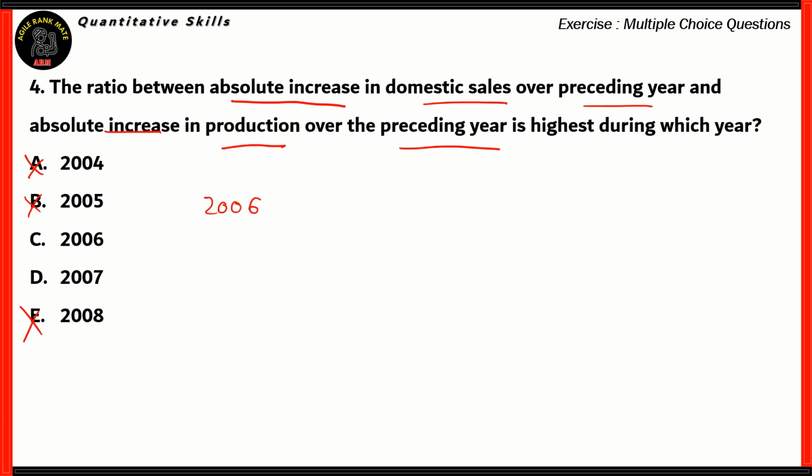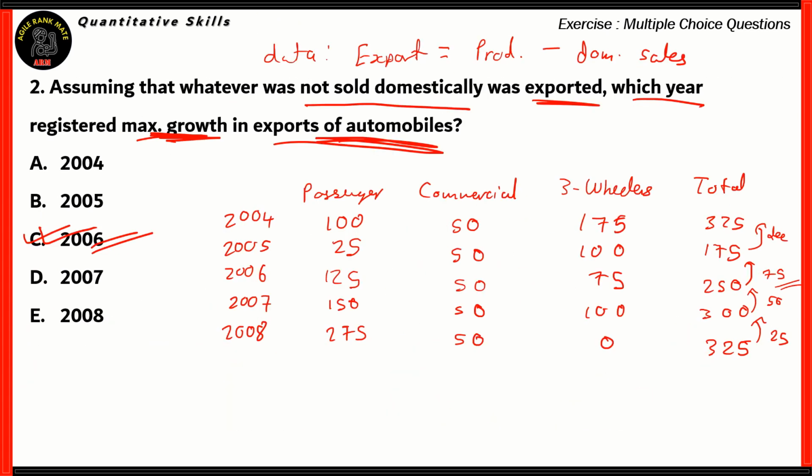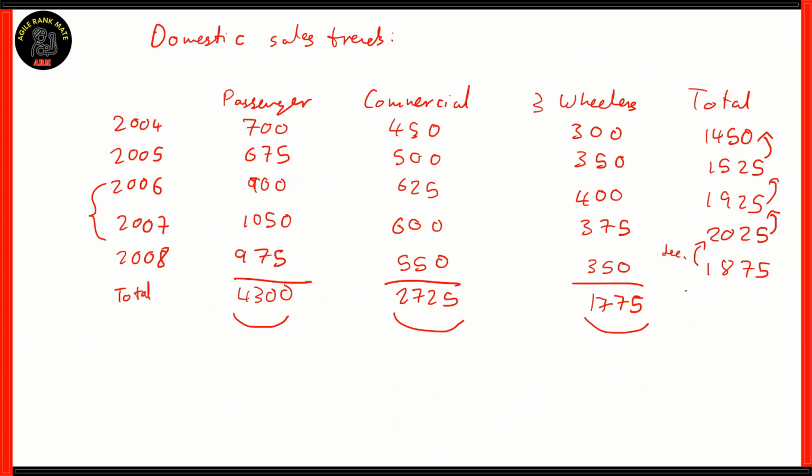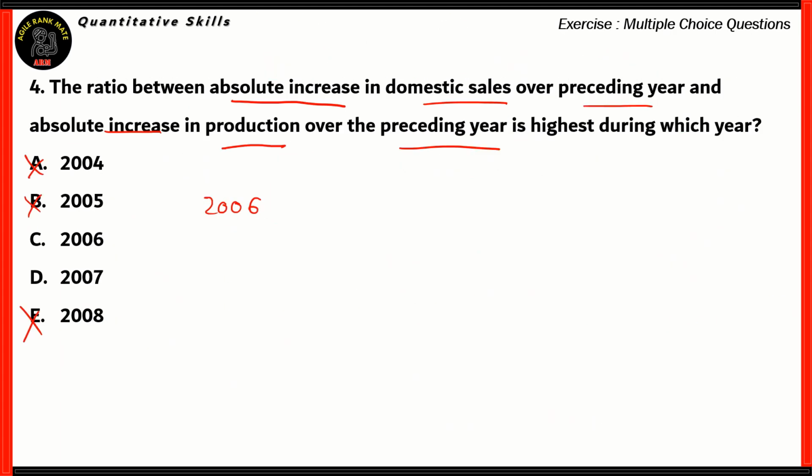So if you look at 2006, let's look at domestic sales. In 2006, we had 1,925 units sold. The preceding year had 1,525 units sold. So therefore, the absolute increase in domestic sales would be 400.